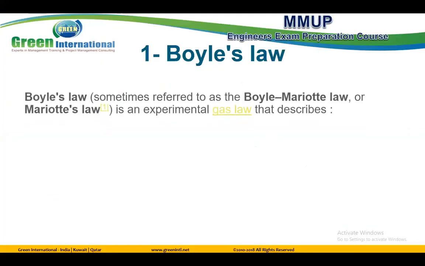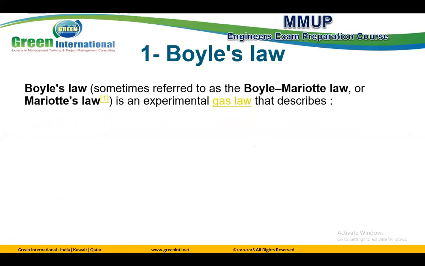Before we start, the three parameters we mainly discuss are P, V, and T. These are the main parameters we study in thermodynamics for perfect gases. P refers to the pressure, V to the volume, and T to the temperature.